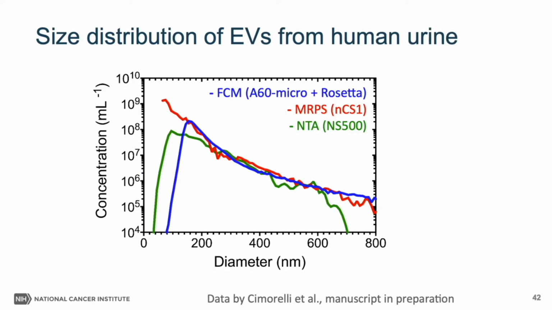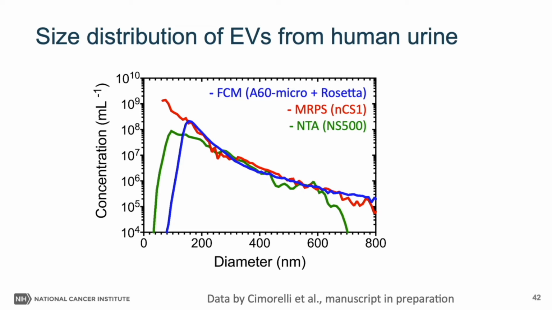As a proof of the pudding, we measured the size distribution and concentration of particles in urine with the same detection methods. Resistive pulse sensing measured the smallest particles and therefore the highest concentration, followed by flow cytometry and nanoparticle tracking analysis. For particles exceeding the detection limit, flow cytometry closely follows resistive pulse sensing.